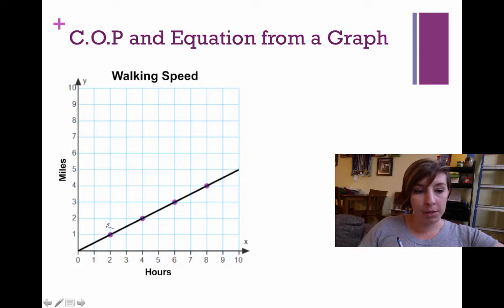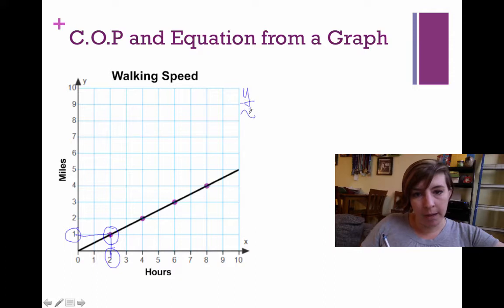What I am going to do is look at this point, and I'm going to divide the y value divided by the x. So at this point, if I go over here, this is my y value, and this is my x value. So if I do y divided by x, my y is 1, my x is 2. It is 1/2, which, as a decimal, is 0.5.